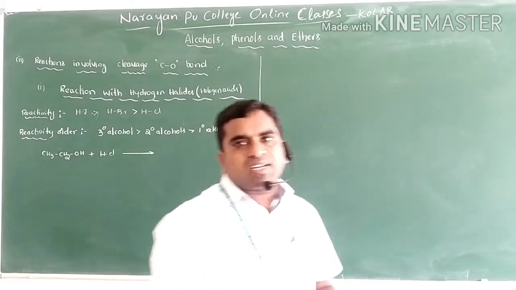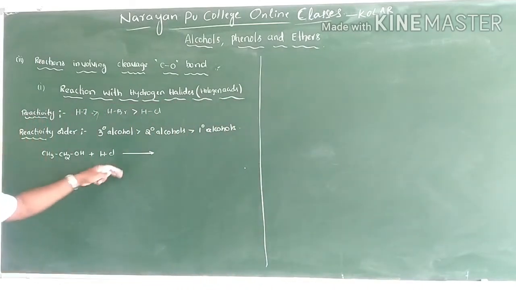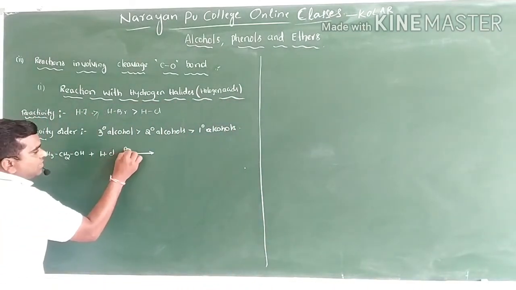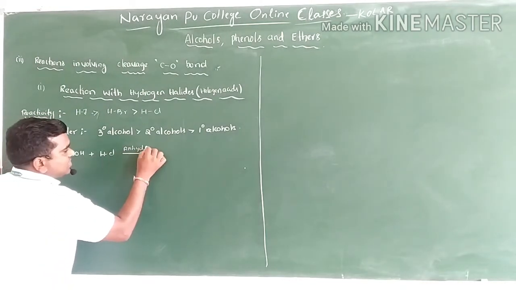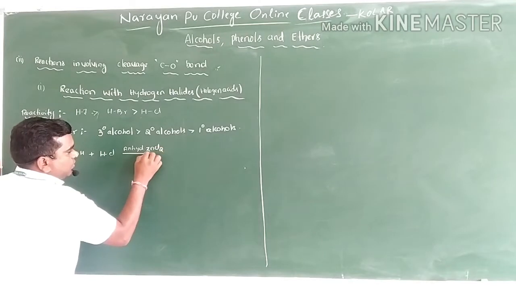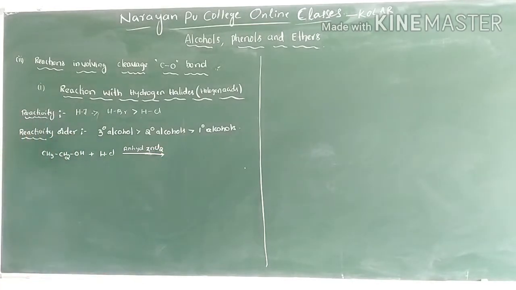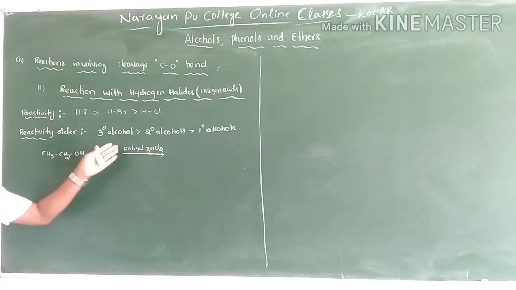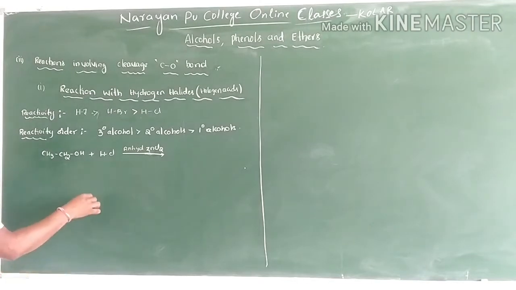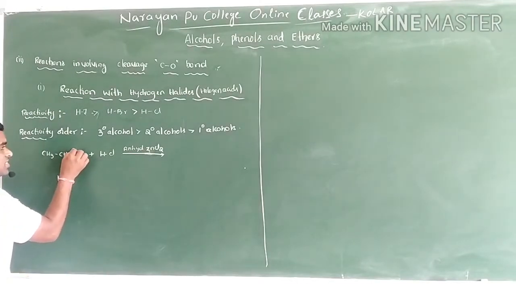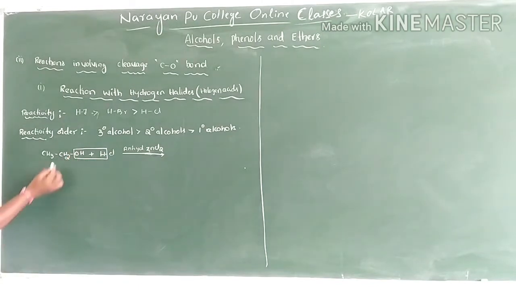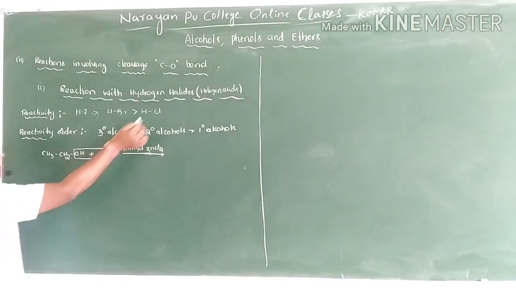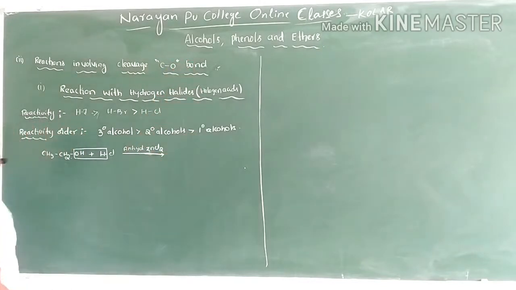To reduce that time, we have to use one catalyst, that is anhydrous zinc chloride, ZnCl2. Then the reaction becomes fast. Here H and OH will be removed. See which bond is breaking here? The carbon and oxygen bond is breaking, so this is a reaction involving cleavage of the CO bond.